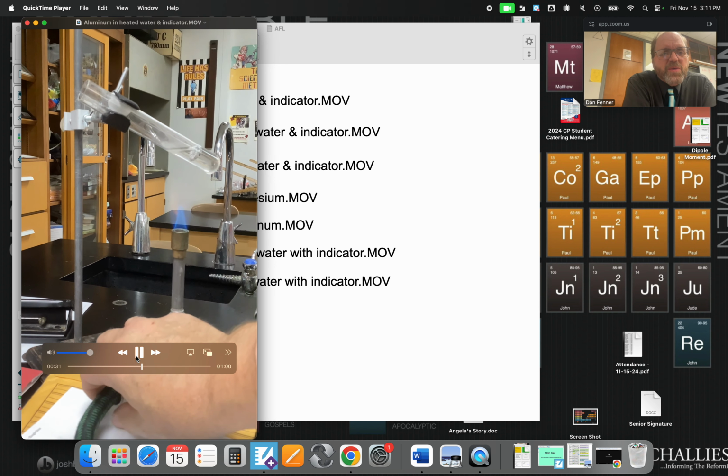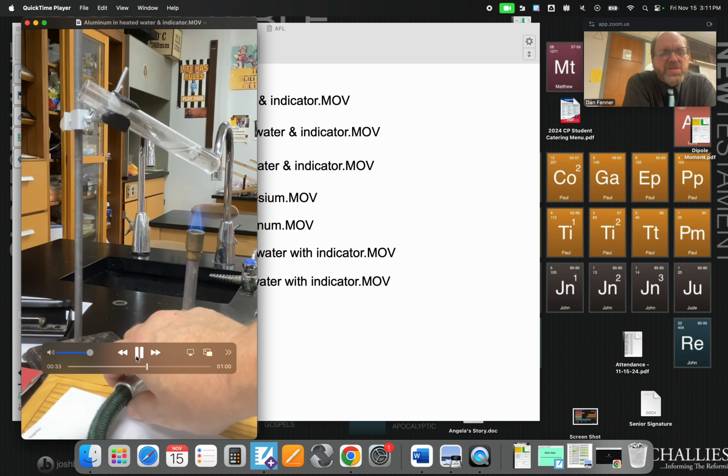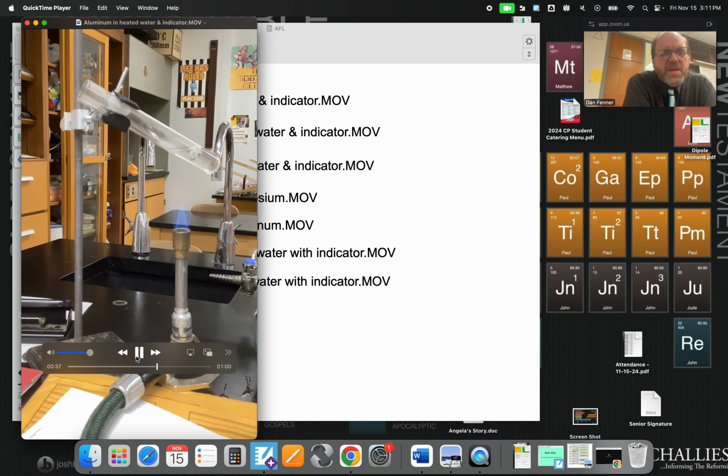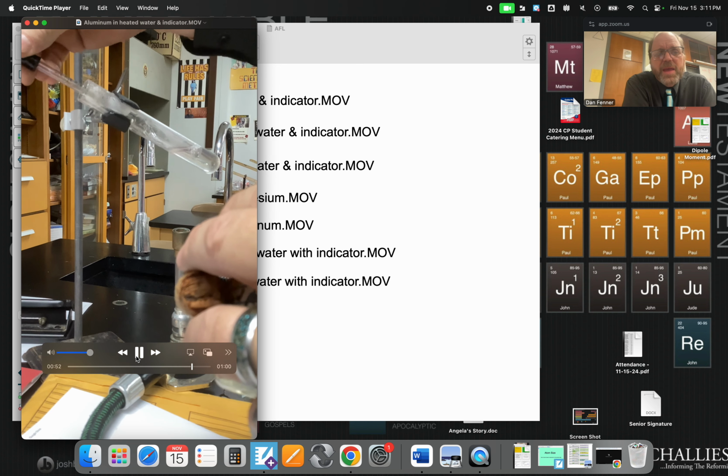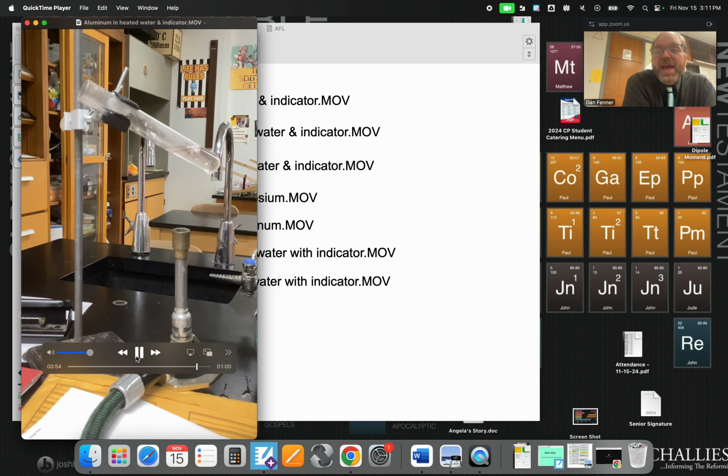I think I need to move it around a little bit. There we go. We're only seeing bubbles as the water gets heated, not too much at all. Add the phenolphthalein this time, and you see nothing happen. So the reaction didn't take place like it did for the alkalines.